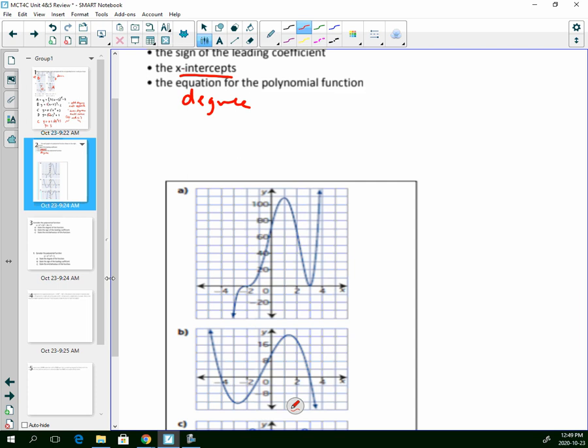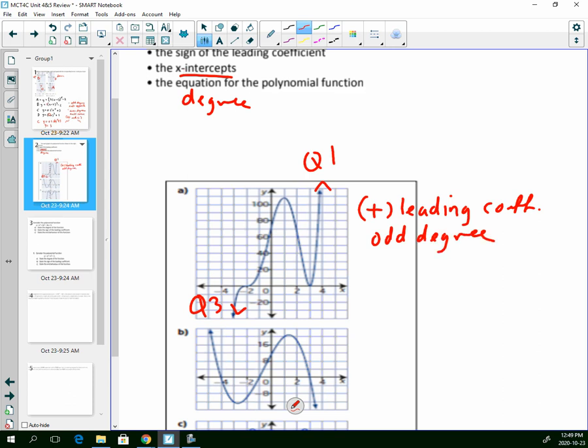So I know that it is a positive leading coefficient. The ends are in the opposite direction. One end is in quadrant 3, the other in quadrant 1, so it's going to be an odd degree.